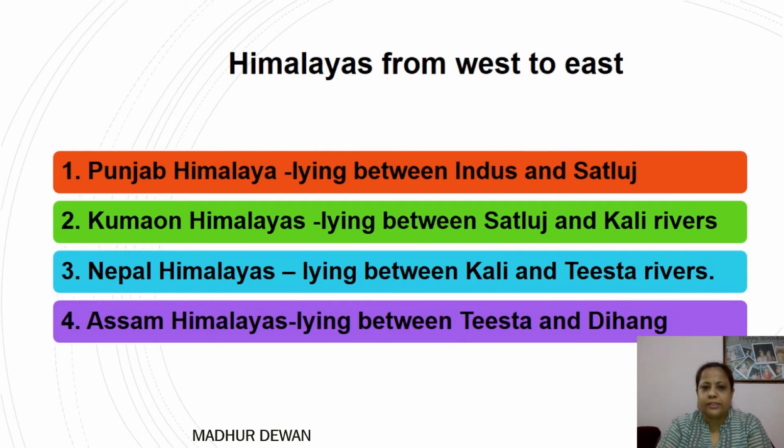Then the Himalayas can also be divided from west to east on the basis of the rivers. We have Punjab Himalayas lying between the Indus and the Satluj, Kumayu Himalayas lying between Satluj and the Kali River, Nepal Himalayas, they lie between Kali and Tista, and Assam Himalayas, they lie between Tista and Dehang.